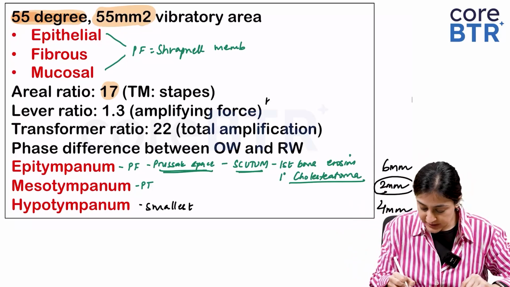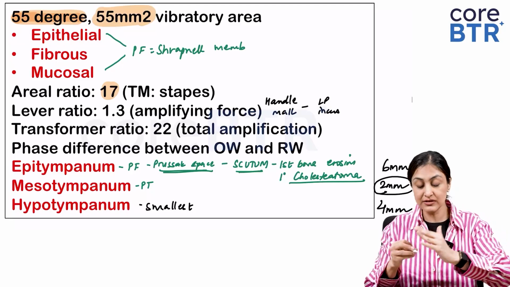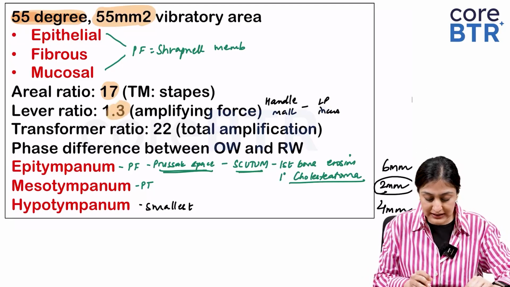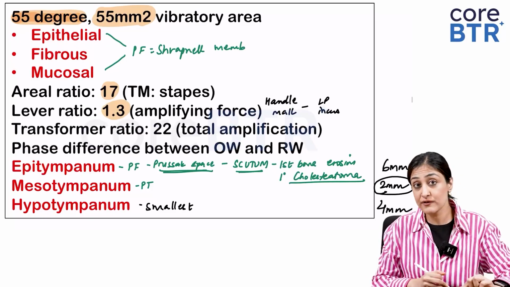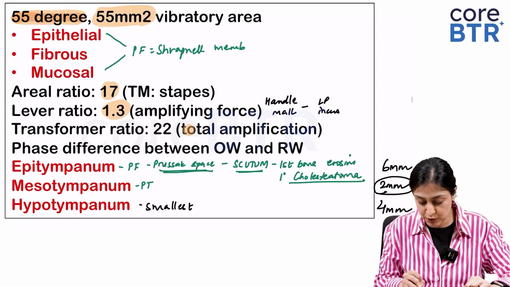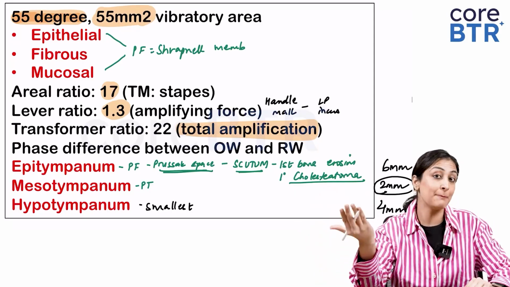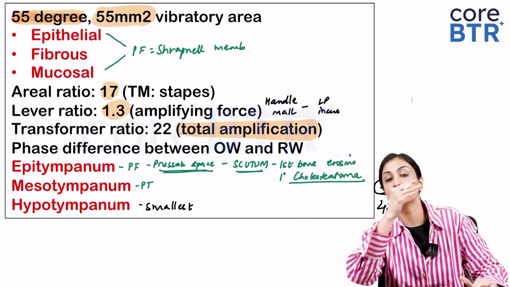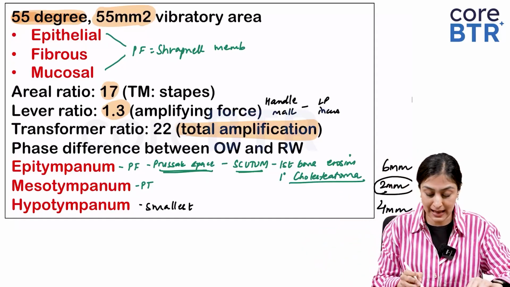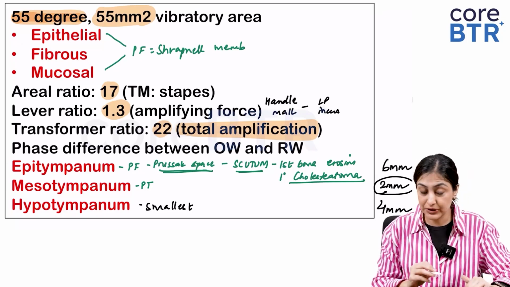So this is the difference in the size between the handle of malleus and the long process of incus. The ratio of them is the lever ratio, 1.3. So the multiplication of 17 into 1.3 is the total amplification that happens because the sound goes through the conductive pathway, which is tympanic membrane, malleus, incus, stapes, oval window. So this pathway offers us this amplification of 22 times, 17 into 1.3.